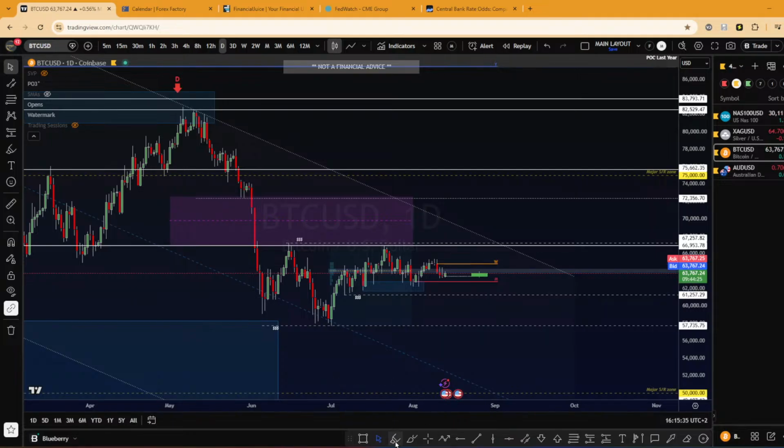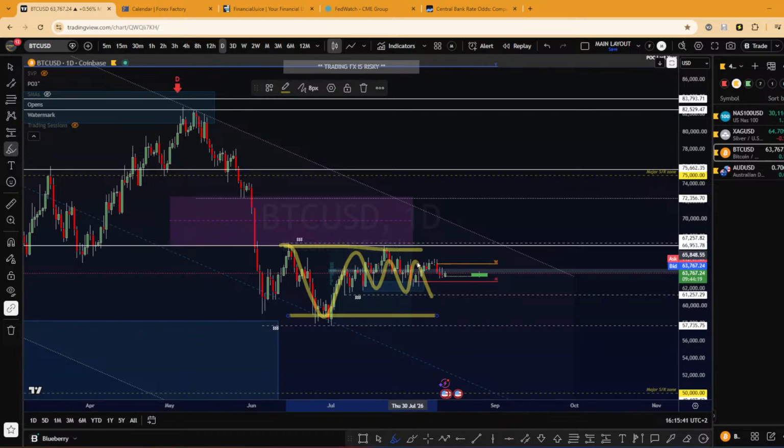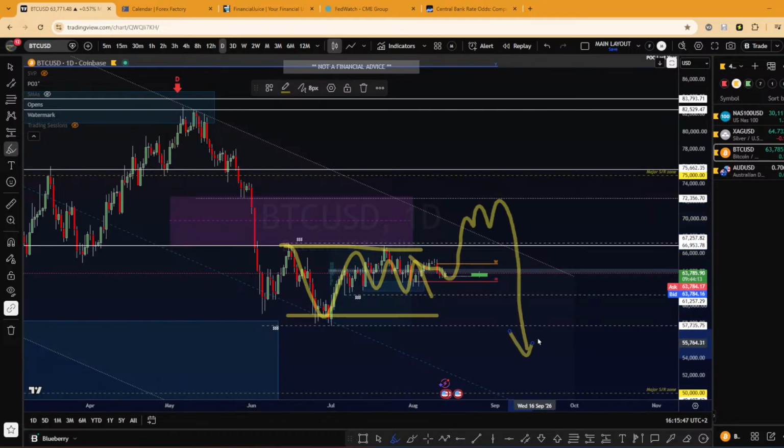So what I'm expecting on Bitcoin is that right now we have some accumulation, a range, and we need to see some return to premium price, and then I will be happy to short once we close below this level. Why do I say that?